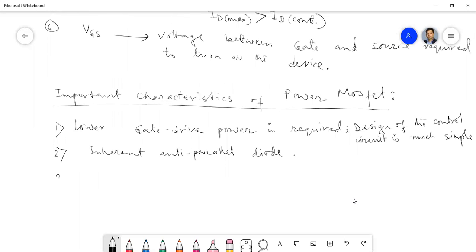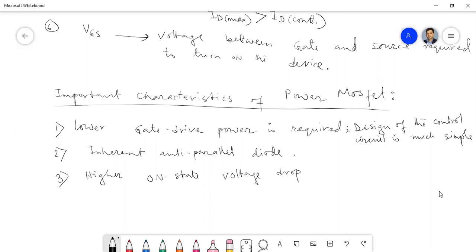Okay, so number 3, it has a higher on-state voltage drop, because it has a resistive, ohmic nature in the on state, as the current flows through a homogeneous substrate. Therefore the on-state voltage drop is quite high compared to the other devices.